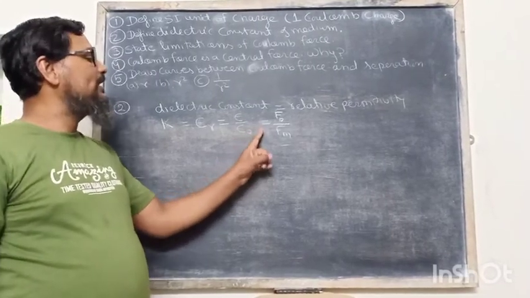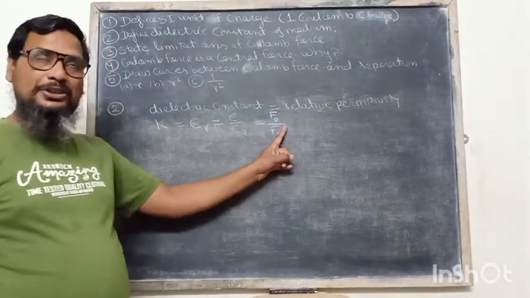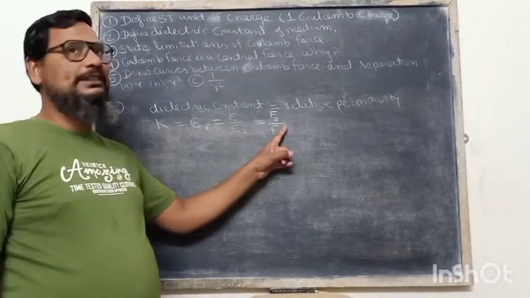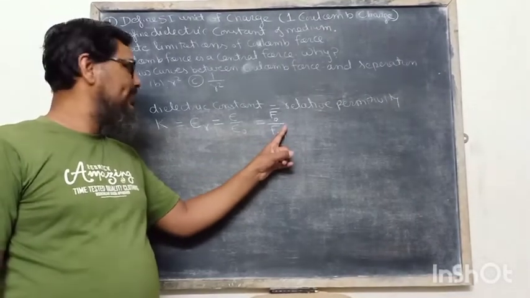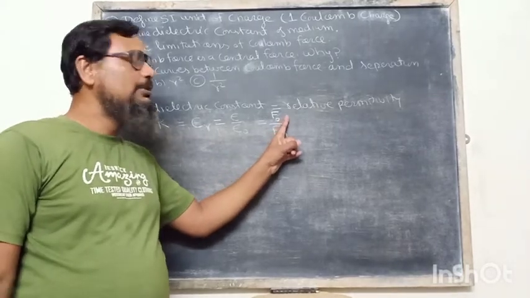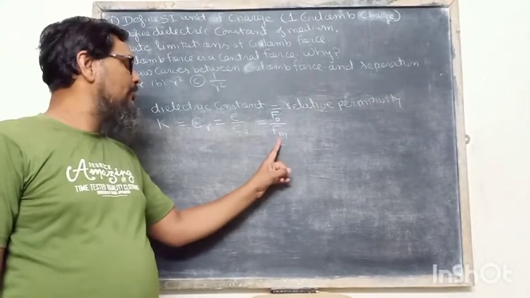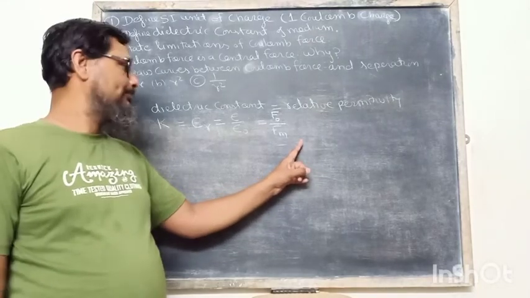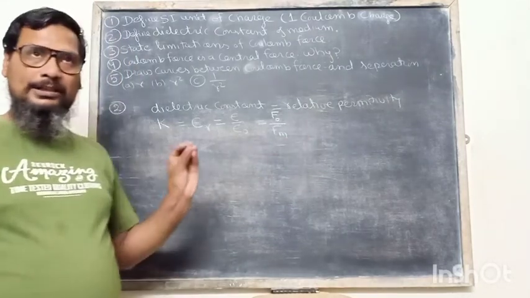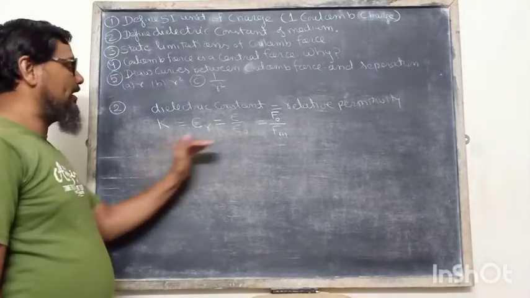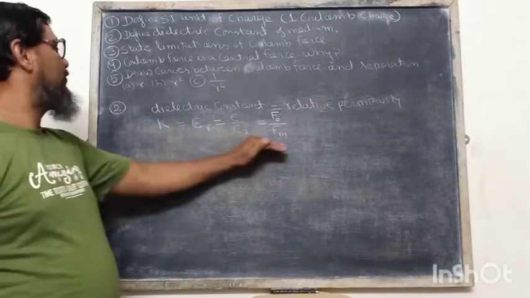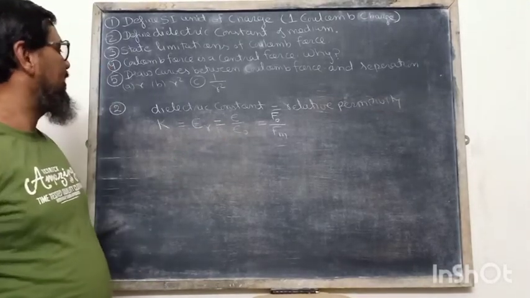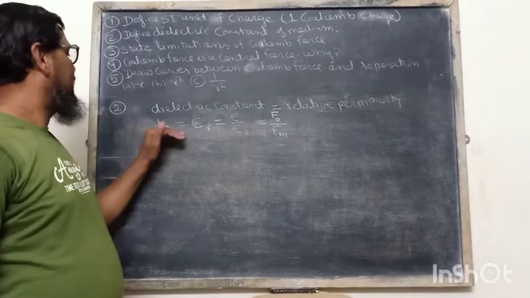It can also be defined as the ratio of Coulomb force between the charges separated by a certain distance in vacuum to the Coulomb force between the same charges separated by the same distance in medium. I have given you these definitions in the previous notes.